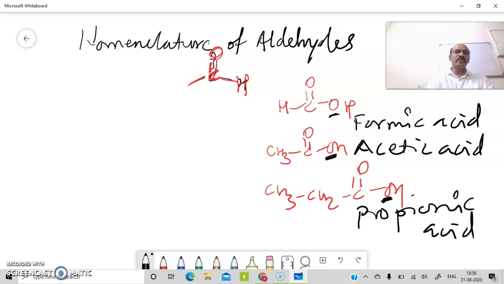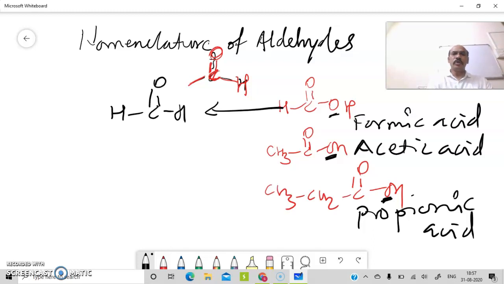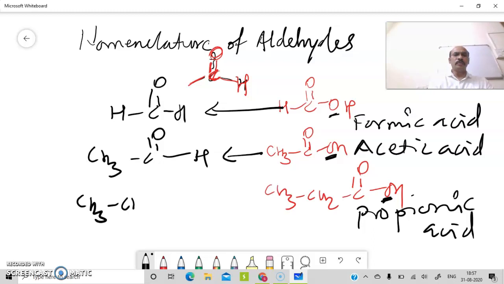So here I am writing the aldehyde of 1 carbon corresponding to this acid. Here I am writing the aldehyde of 2 carbons corresponding to this acid, and corresponding to the 3 carbons acid, this will be the aldehyde.